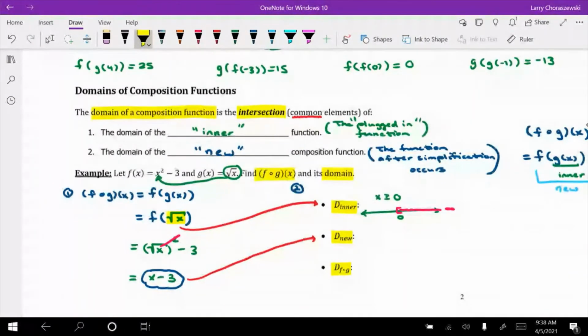But just taken at face value, x minus 3 would appear to have a domain of all real numbers. However, as it says above, the official domain is going to be the intersection of these two. So what's in common between both of these two number lines, dinner and dnew?